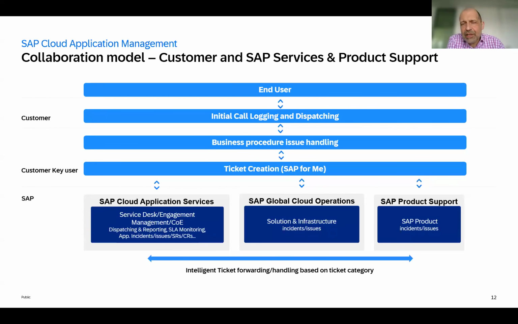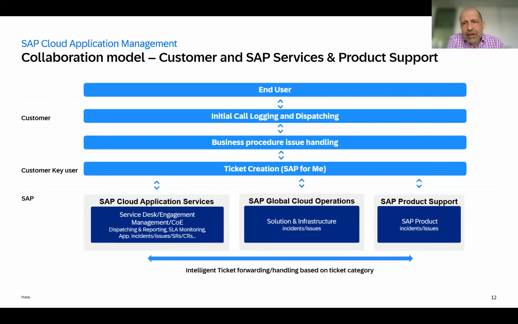Partially, customers also have partners supporting in the customer key user role. It's mainly to classify: is this really something which can be addressed to SAP, or is it based on internal processes? And then, of course, the final ticket is created in SAP for Me.